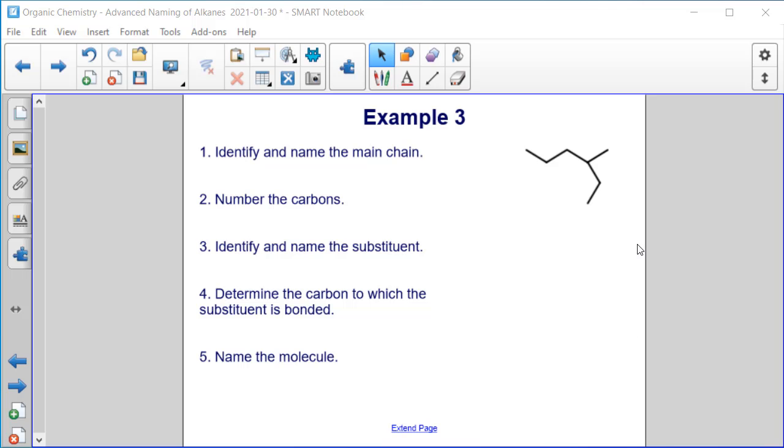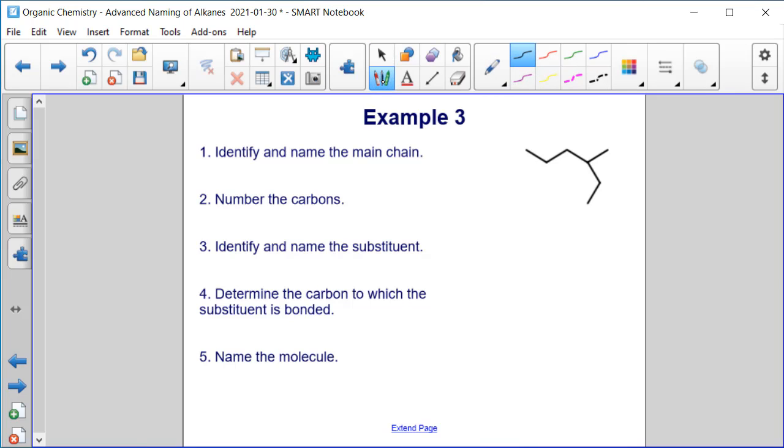All right, here's example 3. Our goal is going to be to name this compound that you see in the diagram. Let's start with step 1, identify and name the main chain. So we've got to start counting some carbons here. I'm going to start on this end with carbon 1, 2, use my pointer so we can see.